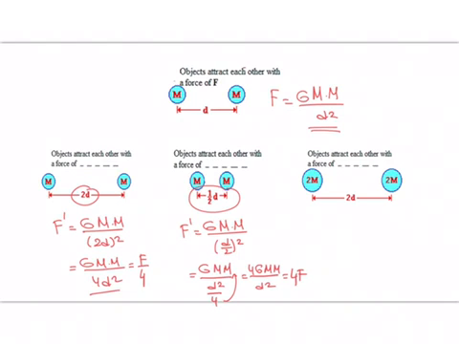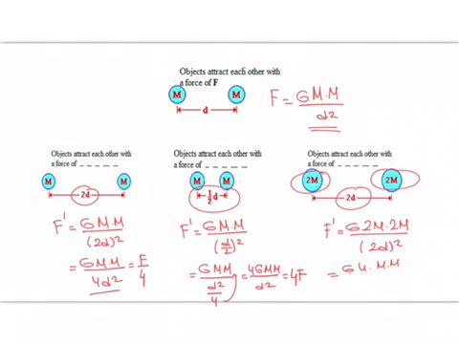And in the last one, both the masses are doubled and the distance is also doubled. So my new force will be equal to G times 2m times 2m over (2d) squared, which is equal to G 4m over 4d squared. So the 4s cancel each other. So you see that I have the same value as the initial one. So it is again equal to F.